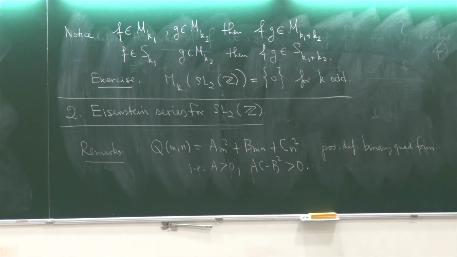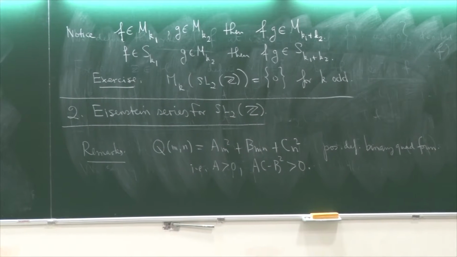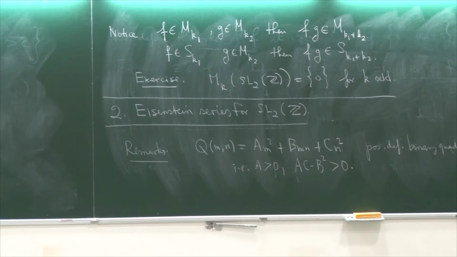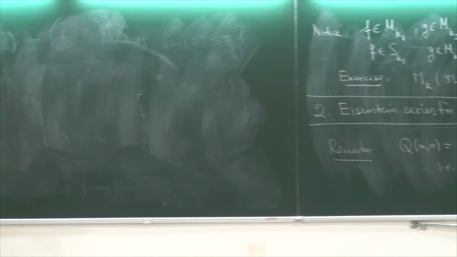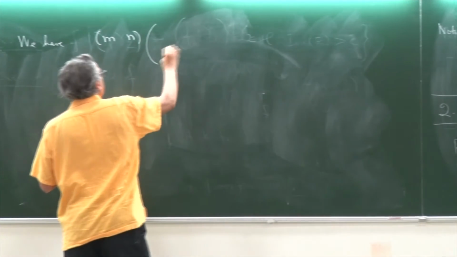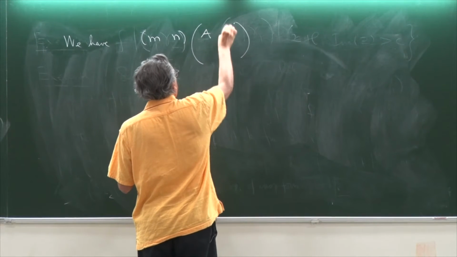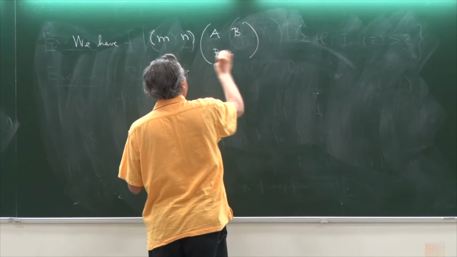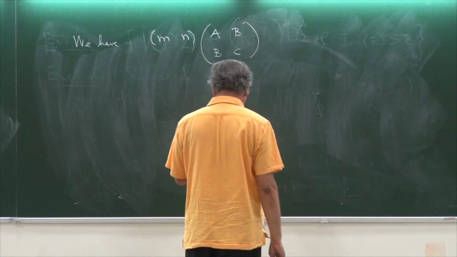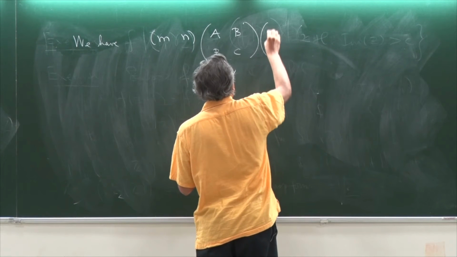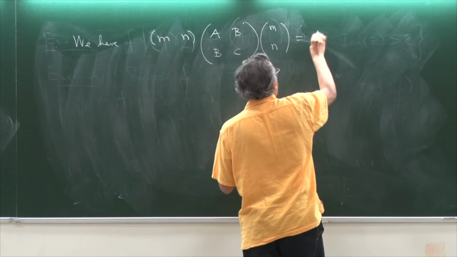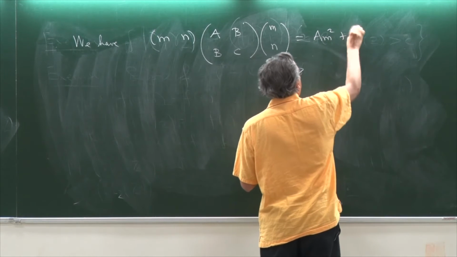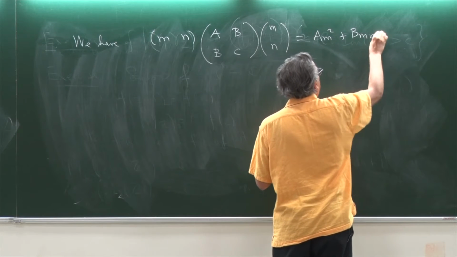We have the row vector (m, n) times the 2 by 2 matrix A, B, B, C, and this is equal to A m squared plus B m n plus C n squared.